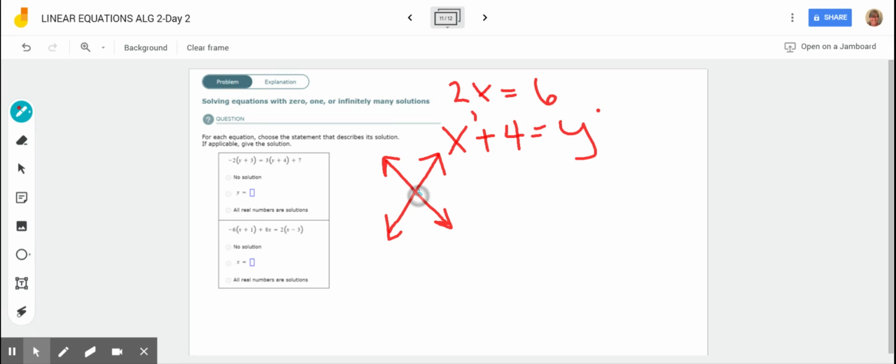That is the point of intersection. That is the solution to both lines that you have. You can also have a situation where you have two lines and they don't intersect. Those are parallel lines. And the last situation is when you get two lines that are the same line.